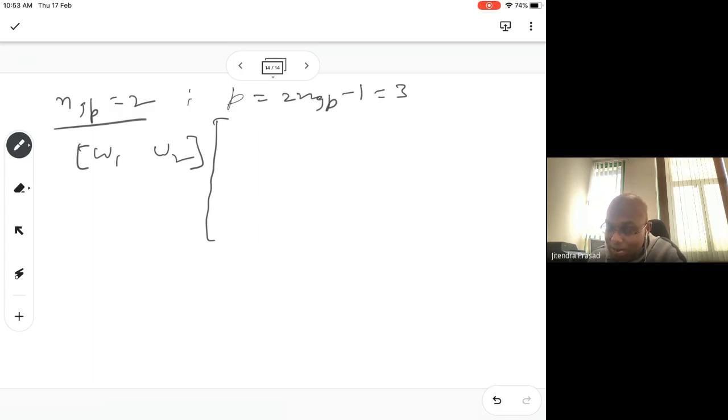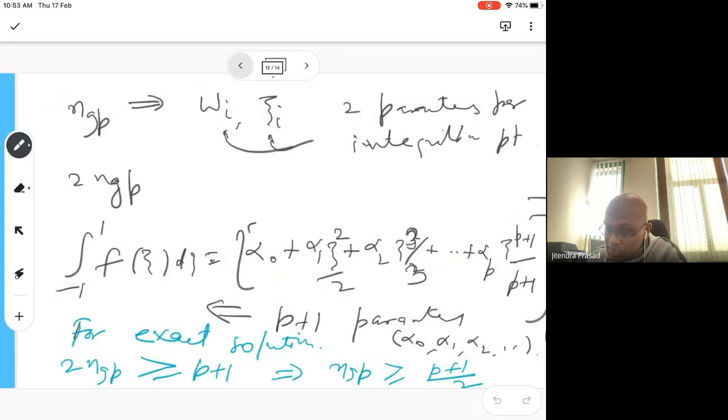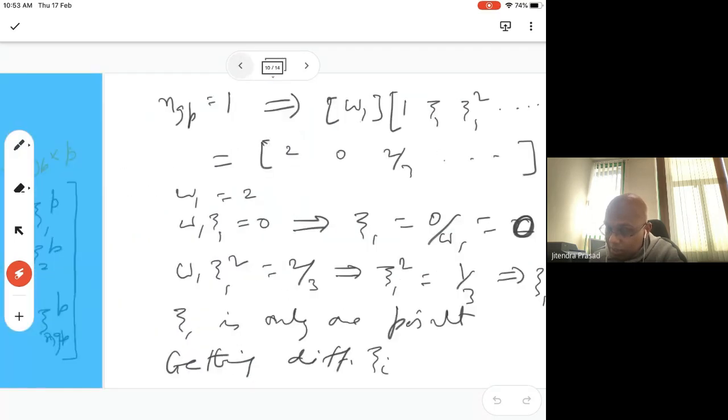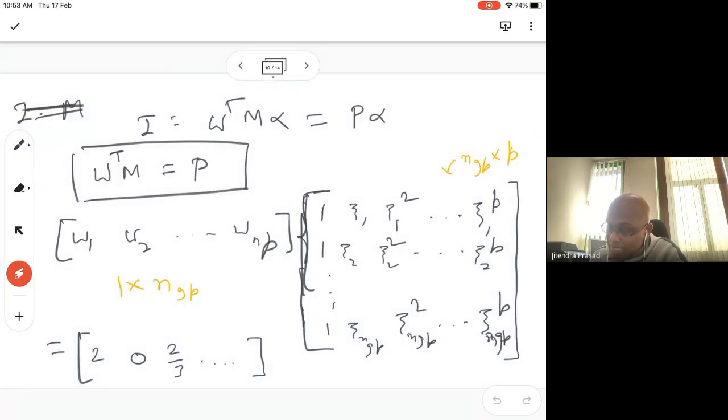Yeah, so that really means what we get here. If you see in this equation, we get 1, then you will have this will multiply to this. So we have 2 here, so we will have 2 rows only, and how many columns? So P equal to 3. So 1, xi 1, 2, 3.